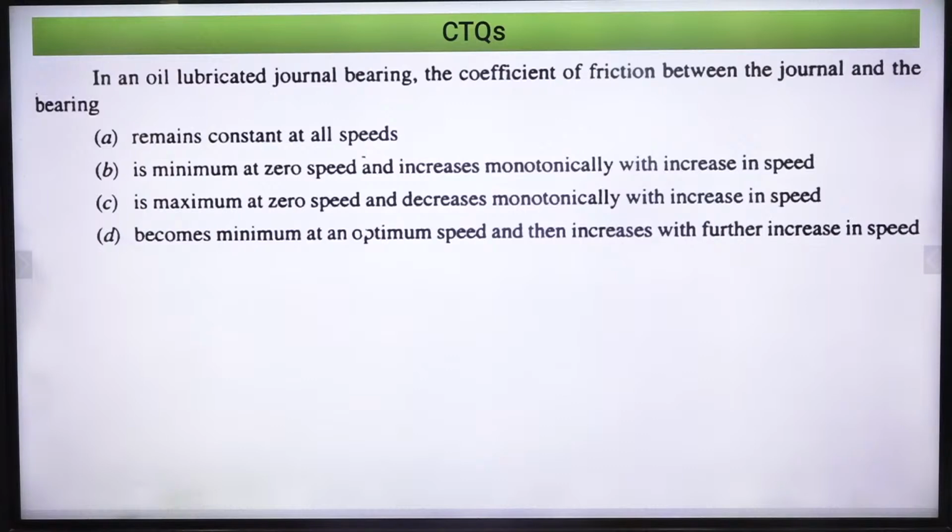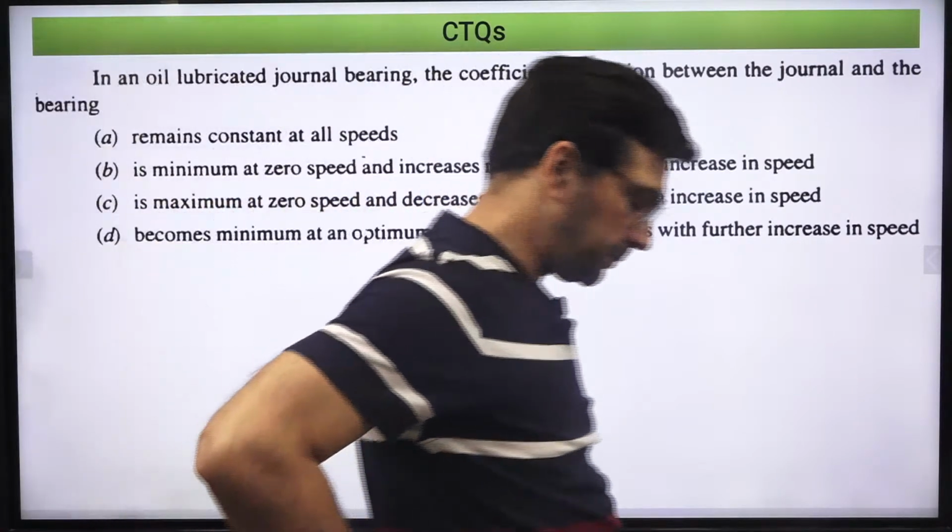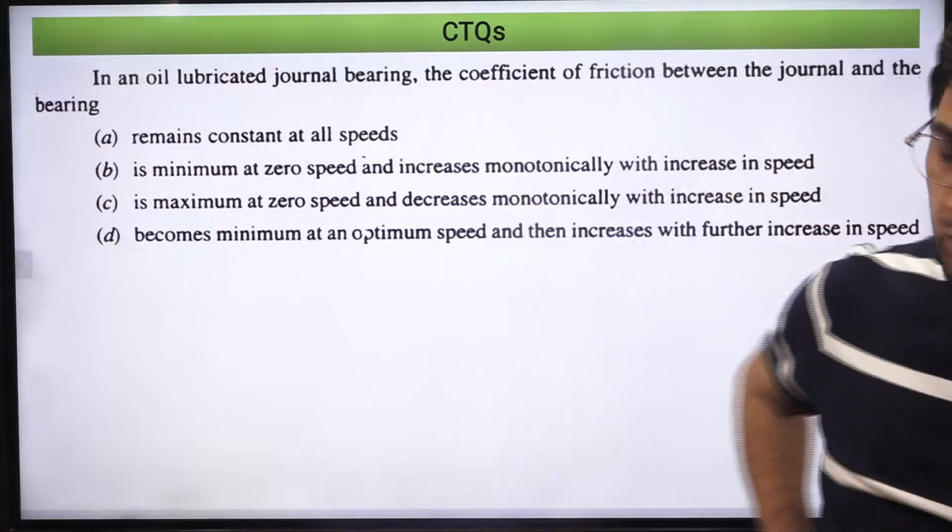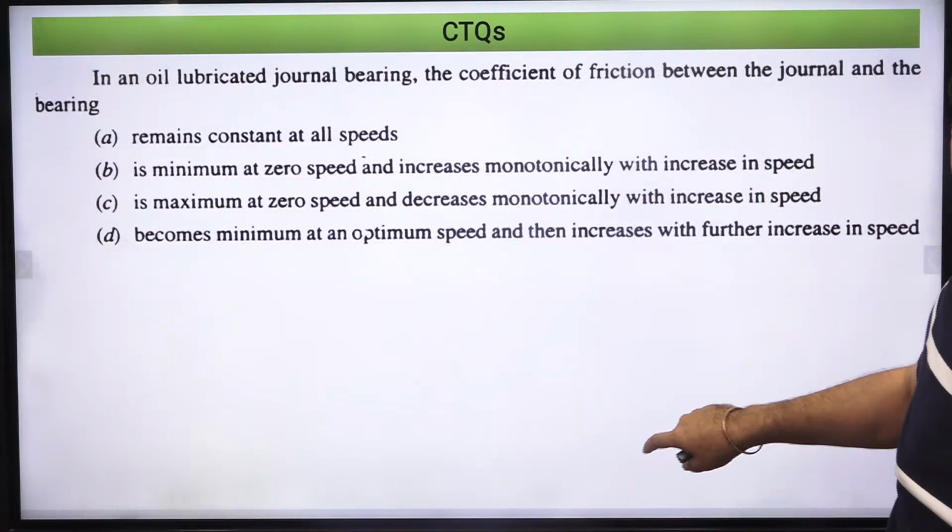In an oil lubricated journal bearing, the coefficient of friction between the journal and the bearing. So you should know this variation of coefficient of friction, and I think you may be knowing.